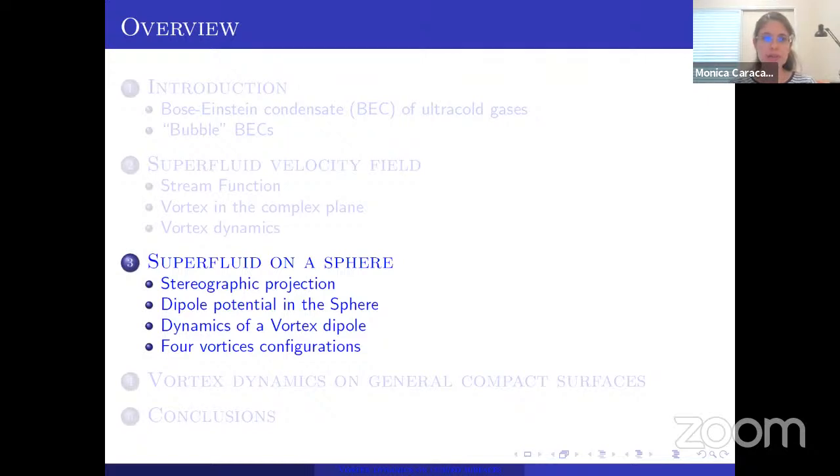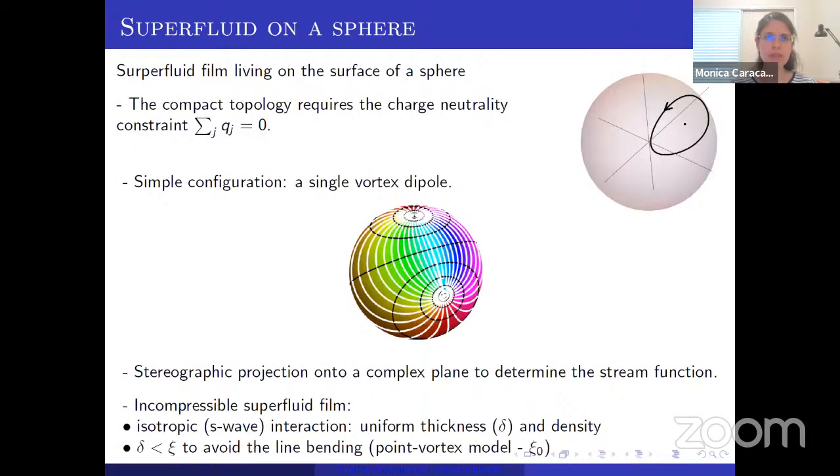Well, until now I just summarize and remember you about the plain superfluid. How about you have not a plain superfluid field, but a superfluid that has this spherical shape. Well, let's just start mention that to have this surface, make here a contour. Then you have to define this contour just share this region in region 1 and 2.